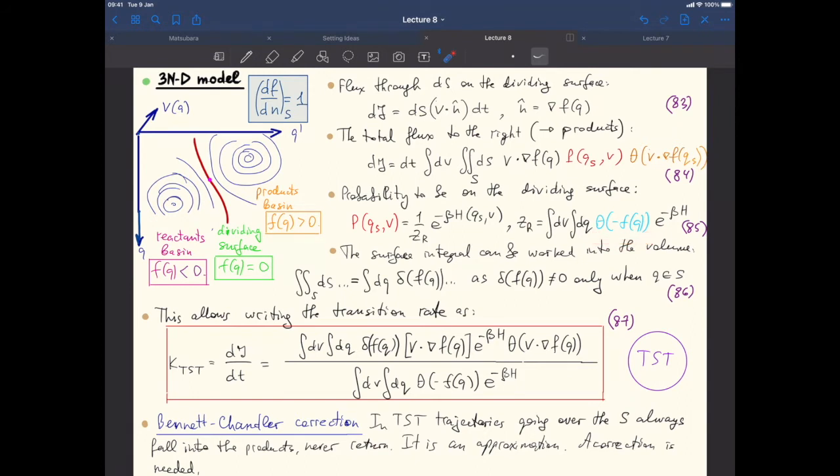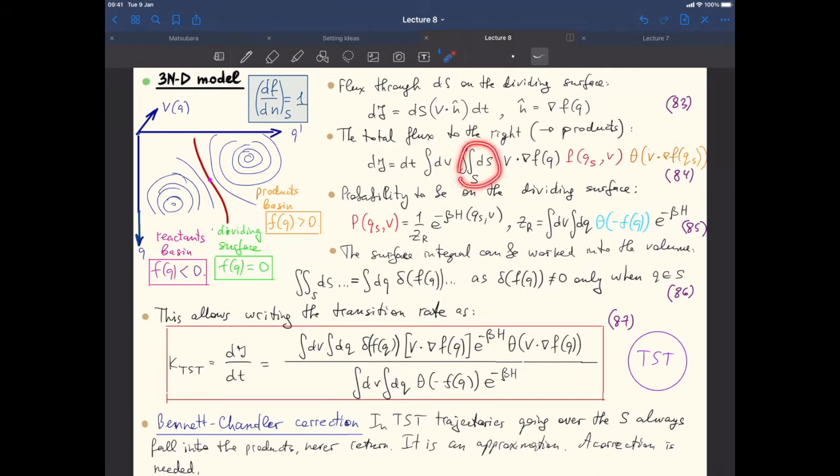However, the points q of the multidimensional phase space which correspond to the positive value of the function f would correspond to the negative argument of the theta function, and therefore will be excluded. So we integrate here only within the reactant basin via introducing this clever function f of q.